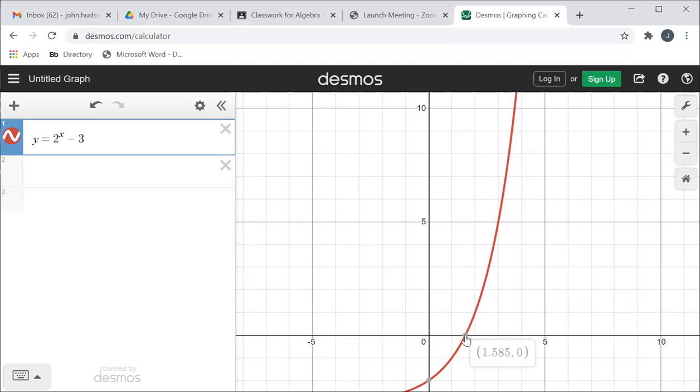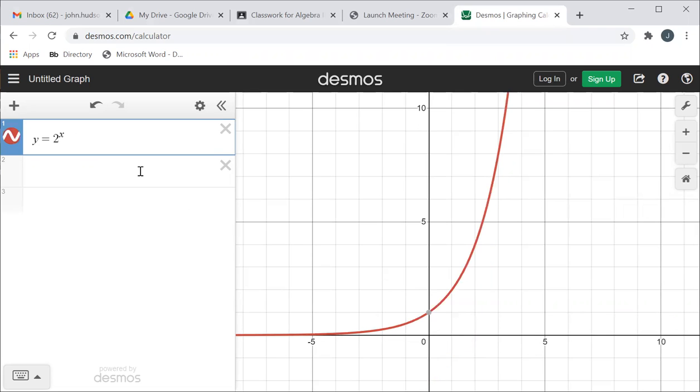It's not actually 1.585. It's something a little bit uglier. So as long as you're fairly close to what the x-intercept is, I'll accept it. Next unit, we'll learn how to actually solve for that exact point and how to calculate it. And I'll still ask for boundaries. So what's the min, what's the max? That's all the same.